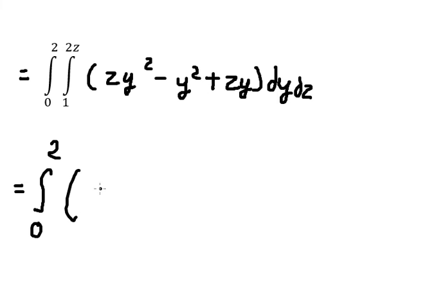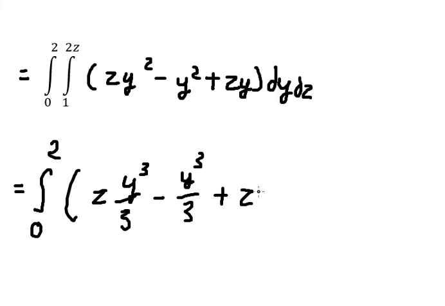So this one, we have z y to the power of 3 over 3. This one, we have y to the power of 3 over 3. The next one, we have z y square over 2. So we just apply the formula in here.